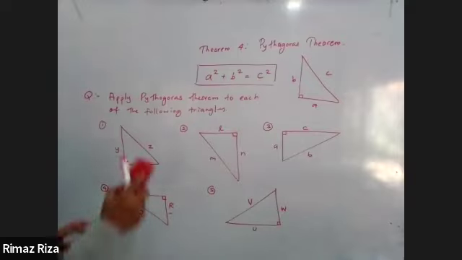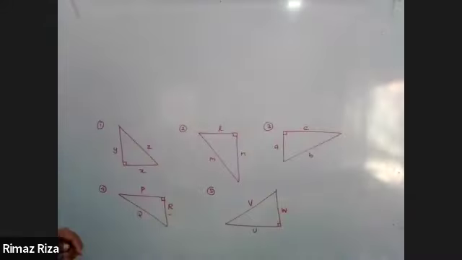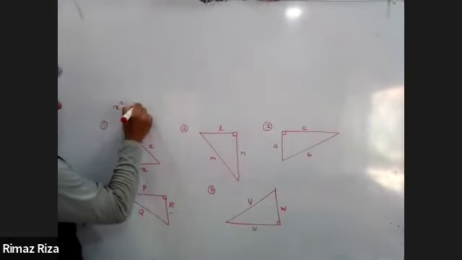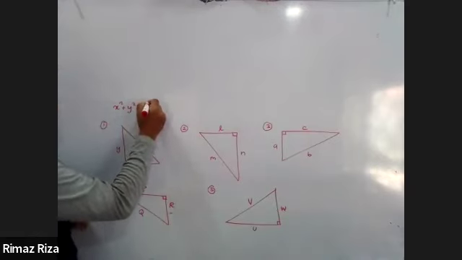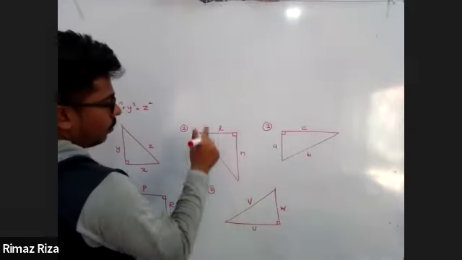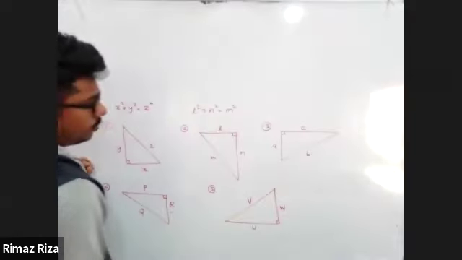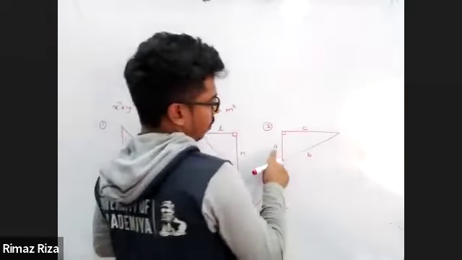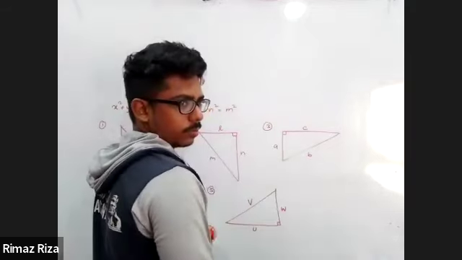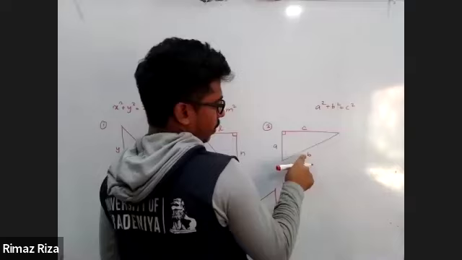Okay, check whether your answers are correct. So the first one, here we have x squared plus y squared equals z squared. Here we have l squared plus m squared equals n squared. Here, if you write a squared plus b squared equals c squared, it's wrong, because b is the hypotenuse.